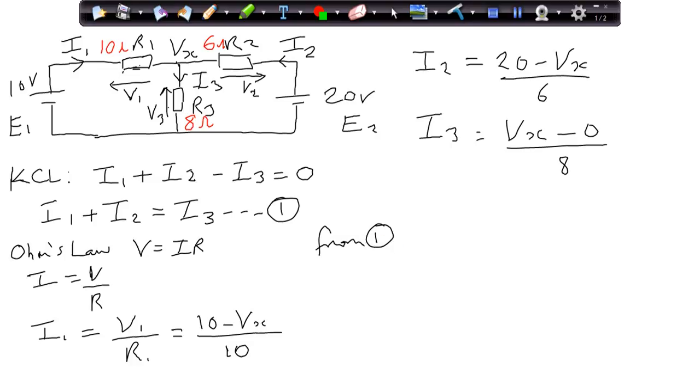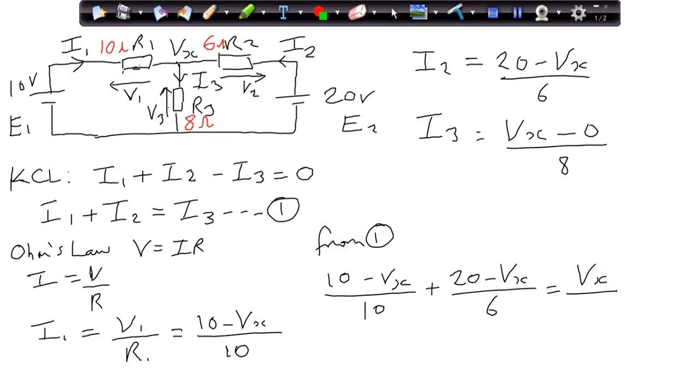And I1 was 10 minus Vx divided by 10. I2 was 20 minus Vx divided by 6. And I3 is equal to Vx divided by 8. We don't have to include the 0, because obviously it doesn't really make any difference.